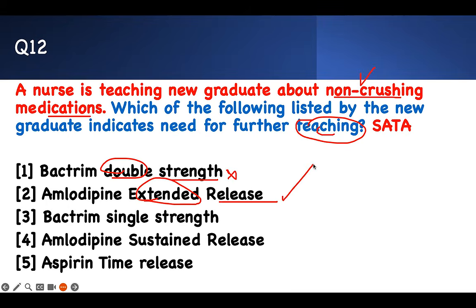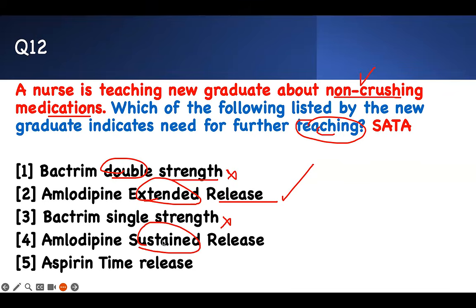So a nurse is teaching a new graduate about non-crushable medication. If they list one of these, it means they don't know that you cannot crush it. So this should be crushed, this should not be crushed, right? Bactrim single strength can be crushed, so that's eliminated.